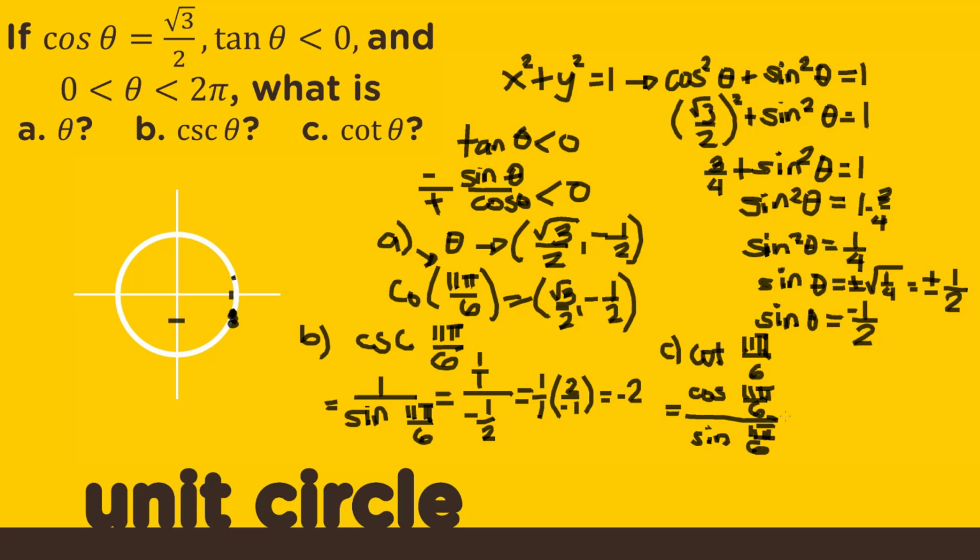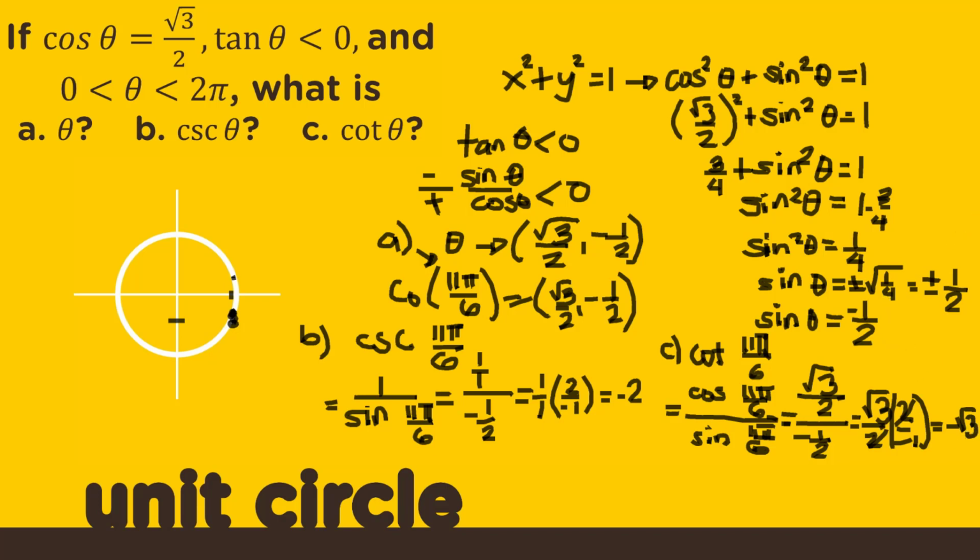Our cosine is already given, square root of 3 over 2, and our sine is negative 1/2. Surprisingly, we have the same values as the previous video, but we have different trigonometric functions. Either way, let's continue. Keep change flip method: square root of 3 over 2, change the operation to multiplication, you have 2 over negative 1 as we flip our denominator. Cancel, cancel. The negative would be placed on square root of 3. So you have negative square root of 3 for the cotangent of 11 pi over 6.